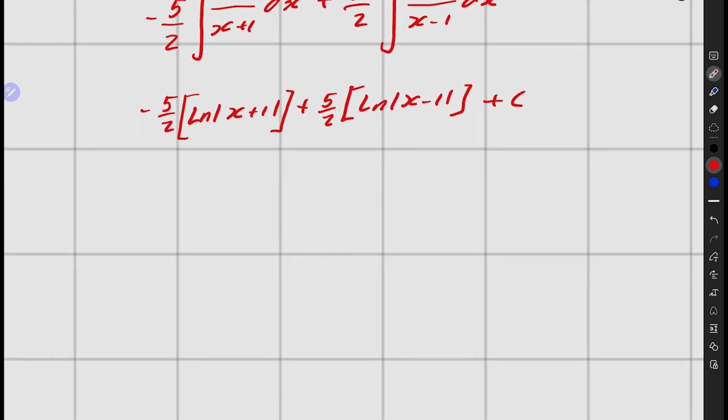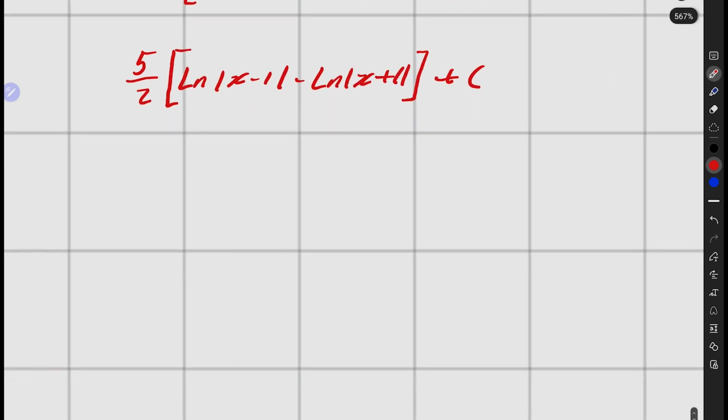Sweet. We can take out 5 over 2, so let's simplify this down. 5 divided by 2, we're going to have ln of x minus 1, and then minus ln of x plus 1, plus c. And you can simplify this down even further if you want to. Let's just do it. We're going to have 5 over 2.